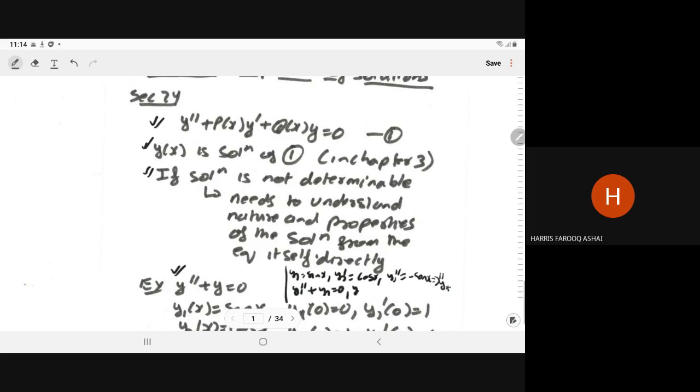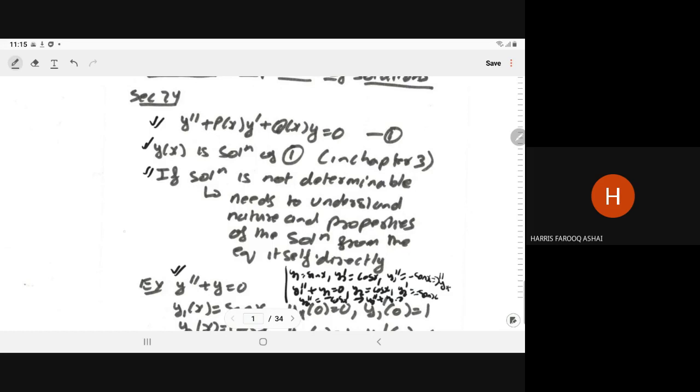Similarly, if y2 is equal to cos x, y2 dash is equal to minus sin x, and y2 double dash is equal to minus cos x. So that also will give you y2 double dash plus y2 is equal to 0. It means sin x and cos x are solutions.